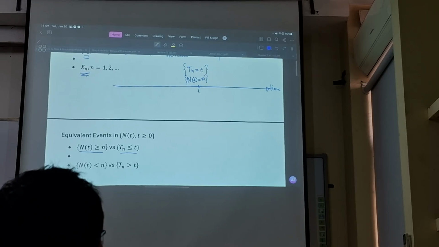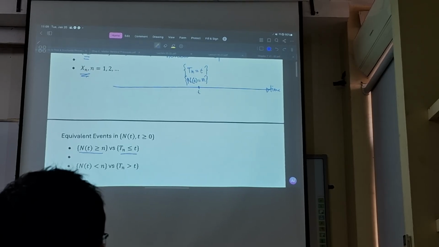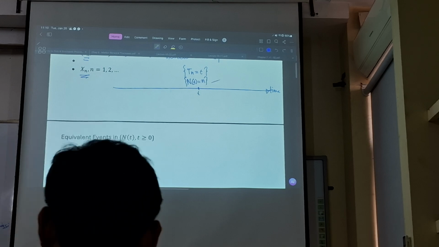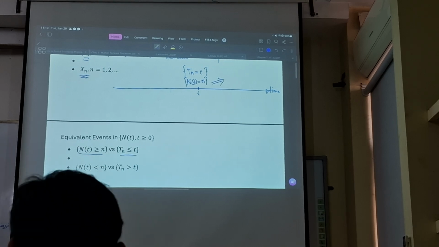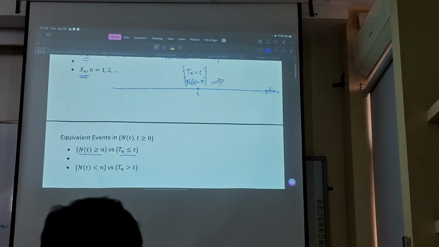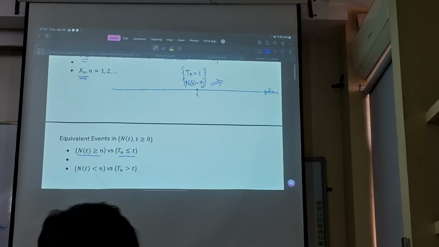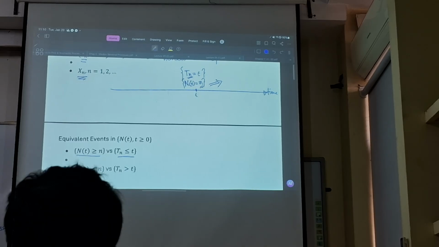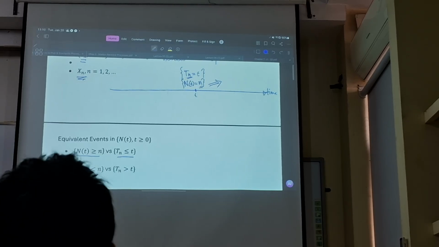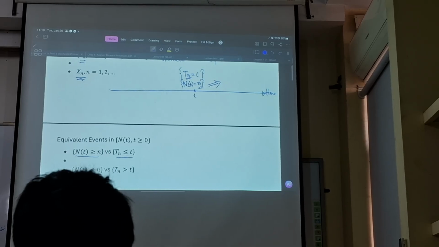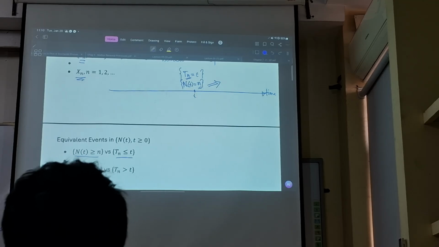Are the two events identical? What does the lower one say? The number of events by time t is n. What does the upper one say? The nth renewal time, or the nth renewal epoch, is equal to t, that means at time t the nth event occurs.